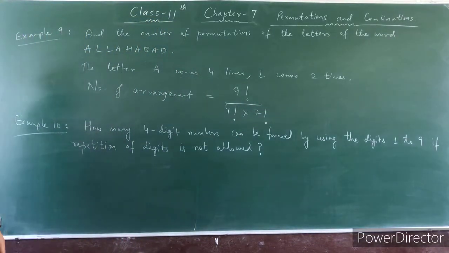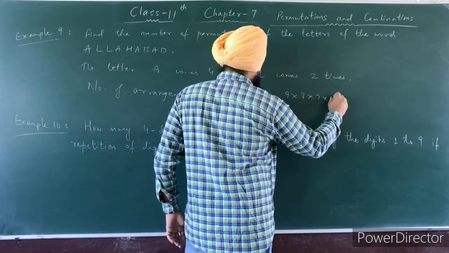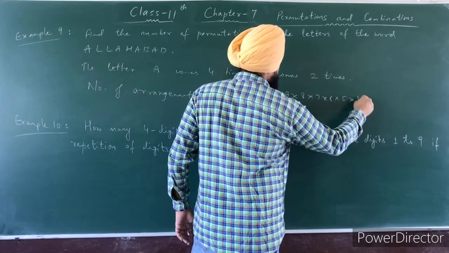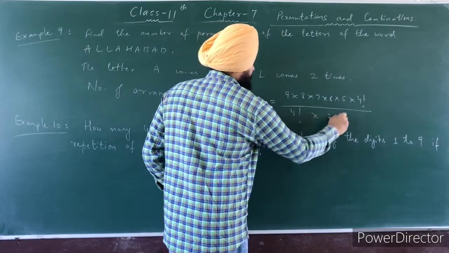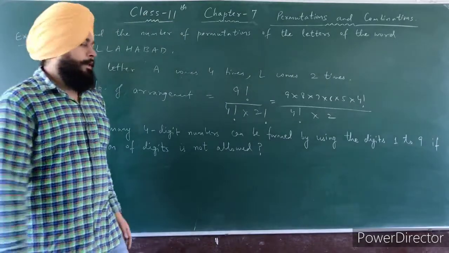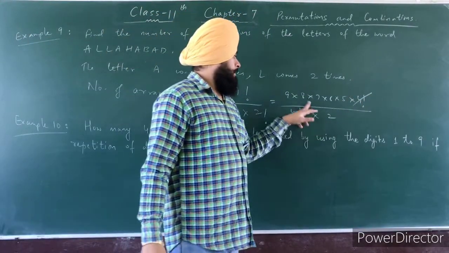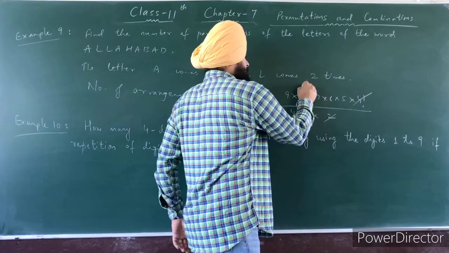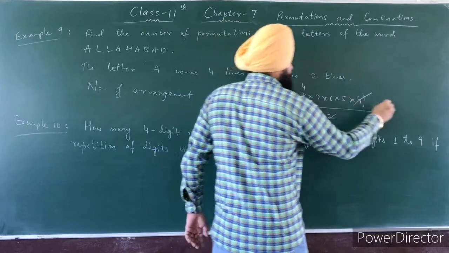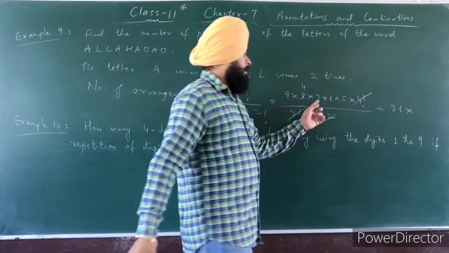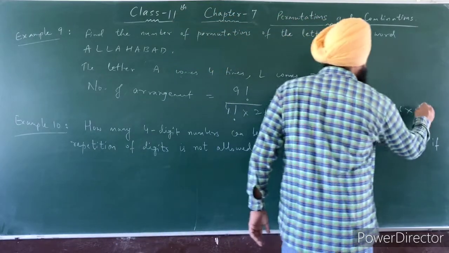Perfect. Now 9 factorial is written as 9 into 8 into 7 into 6 into 5 into 4 factorial, divided by 4 factorial, and the value of 2 factorial is 2. Now this 4 factorial and 4 factorial cancel. 2 fours are 8. Clear? 9 fours are 36. 6 fives are 30. 30 into 7 is 210.